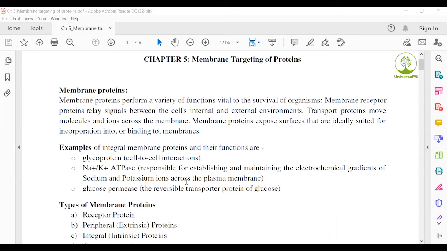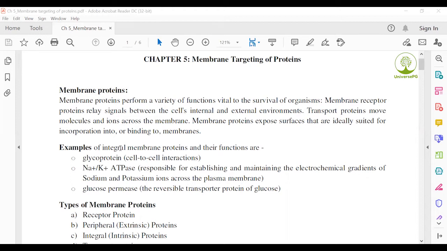Another protein, sodium potassium ATPase, is responsible for establishing and maintaining the electrochemical gradients of sodium and potassium ions across the plasma membrane. Glucose permease is another integral membrane protein. The major function of glucose permease is as a reversible transporter protein of glucose.